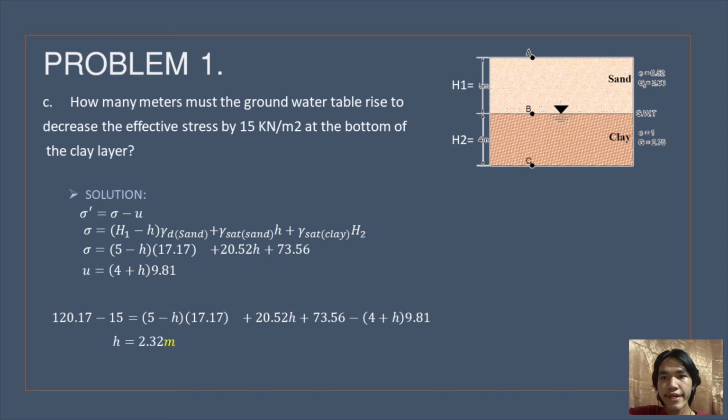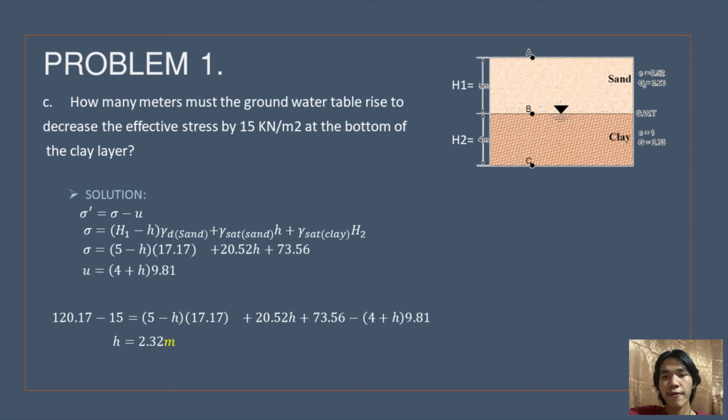So we have a given effective stress decrease, which is 15 kilonewtons per cubic meter. We can equate this using the formula. Effective stress is equal to total stress minus the pore water pressure.